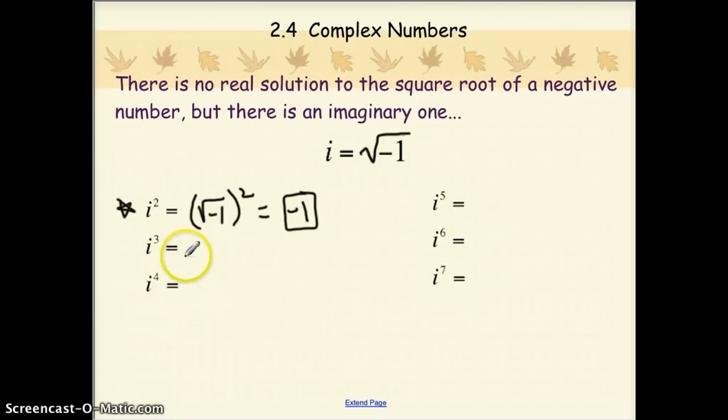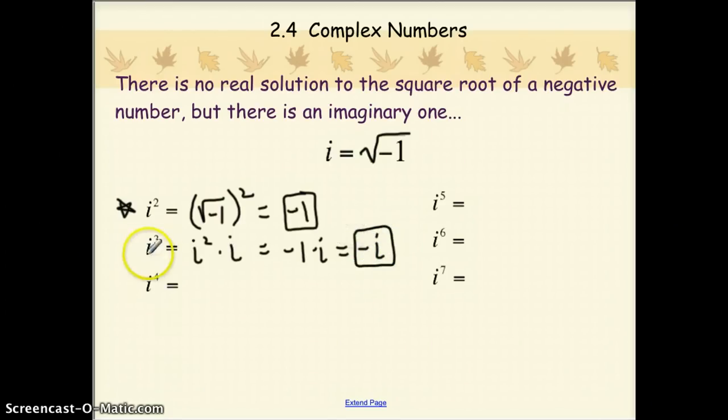We can keep going with that theme. i cubed, technically we could write as i squared times another i. We just said that i squared is -1, so we've got a -1 times an i. That would just be a -i.